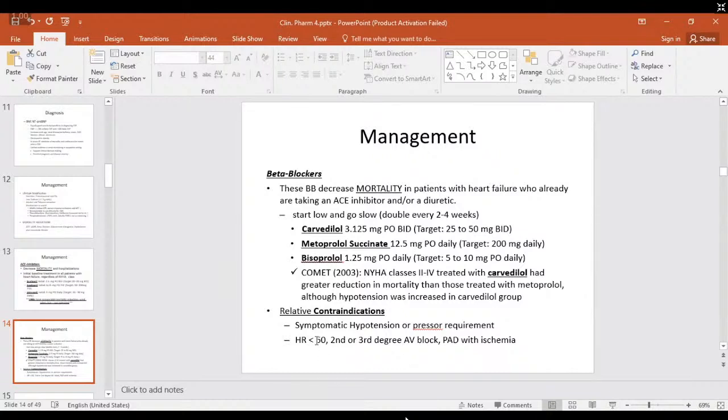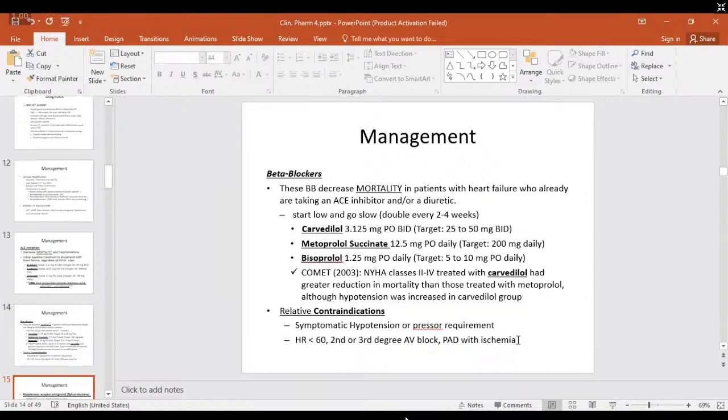If our patient is bradycardic or has a high degree atrioventricular block, it's also not a good idea. Peripheral arterial disease with ischemia is also not a good idea, because these patients with ischemia sometimes need a little bit higher blood pressure to keep the lower legs from getting ischemic. So if they're not hypotensive, it's better for them.